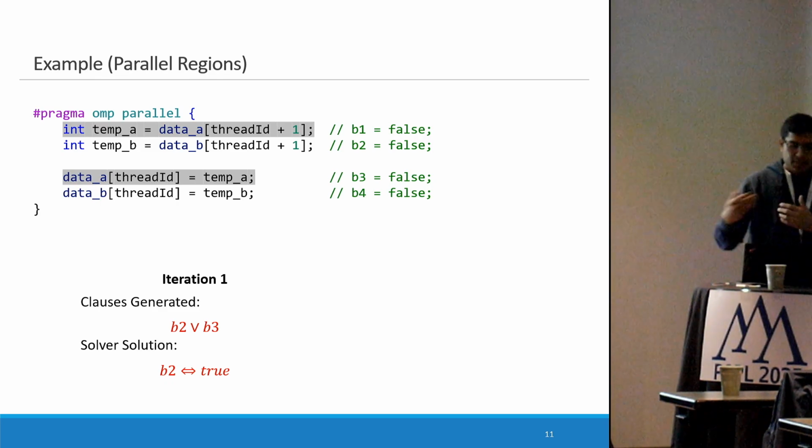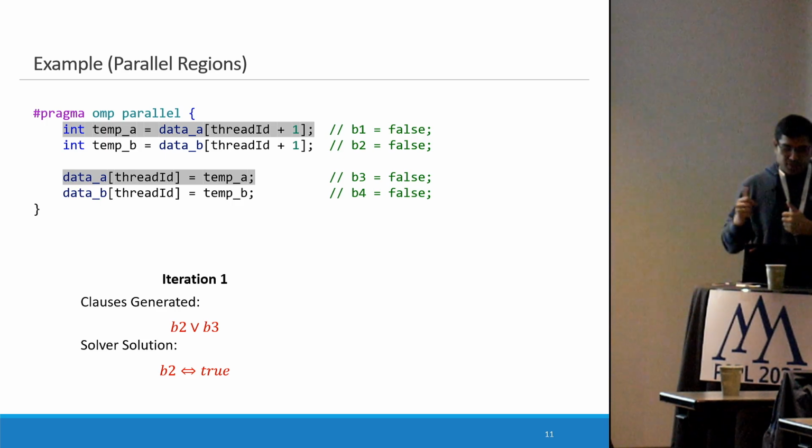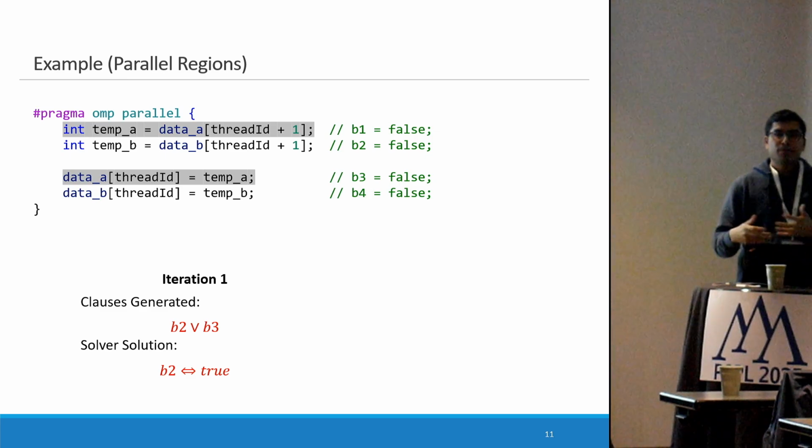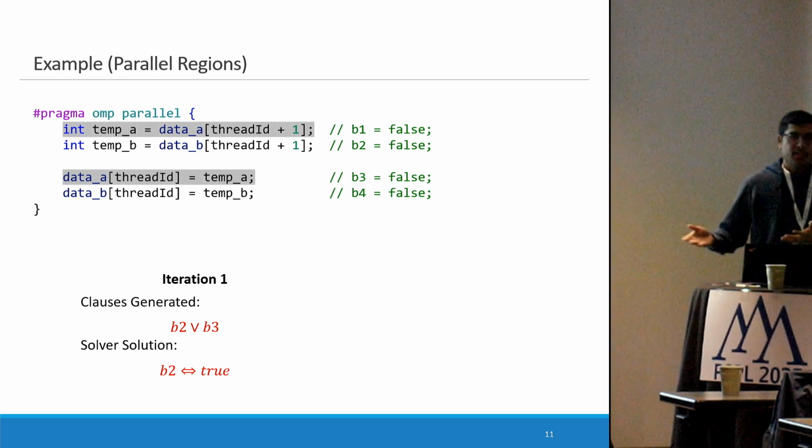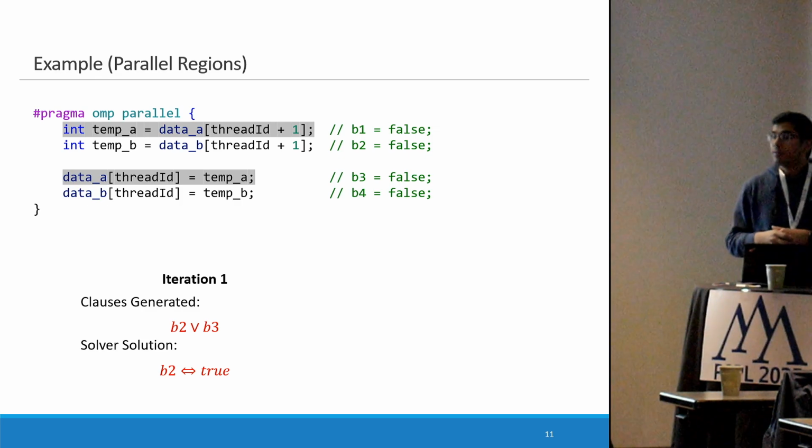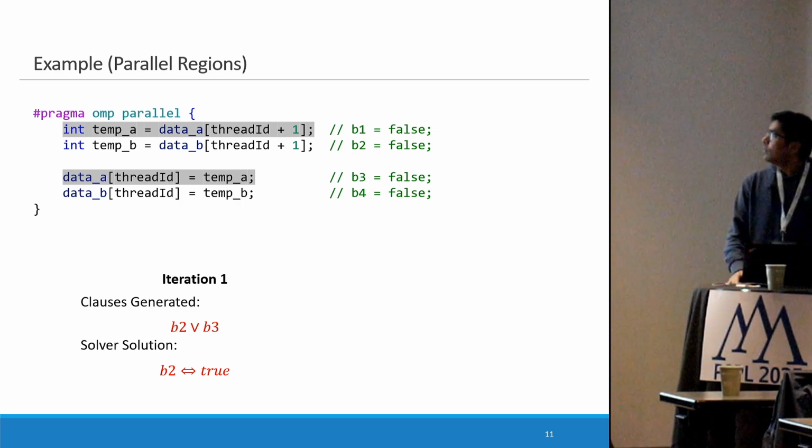In this example, there's a read access at B2 and B3. So we say that if we place a barrier at B2, we can avoid the data race, or we can place that at B3. So in this case, when you do the verification, yes.